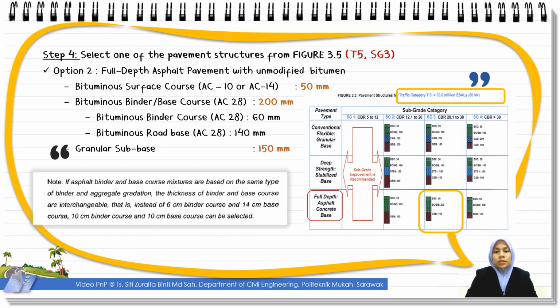Bituminous binder or base course AC28 is 200 mm. You separate it into bituminous binder course AC28, about 60 mm, bituminous road base AC28, 140 mm, and granular subbase, which is 150 mm.